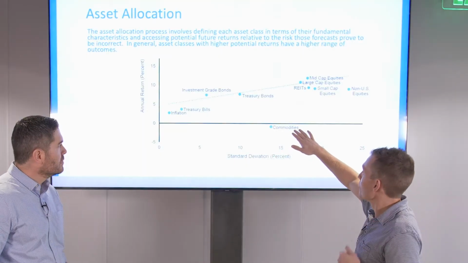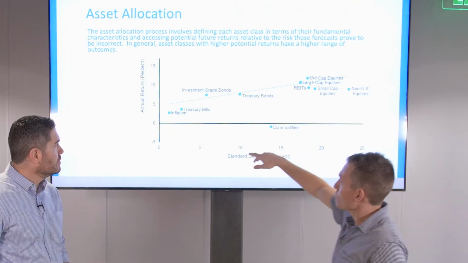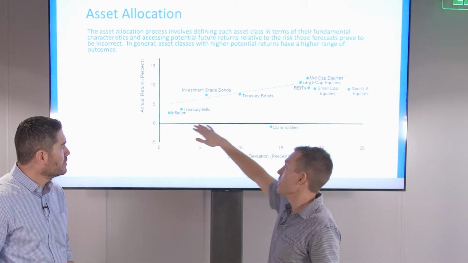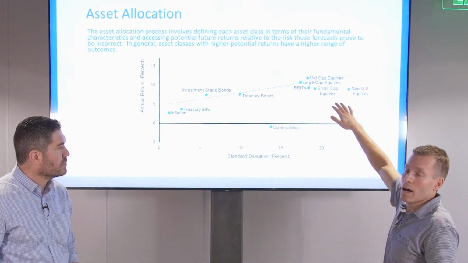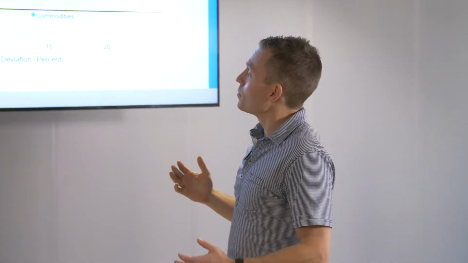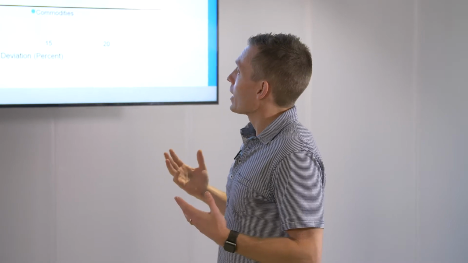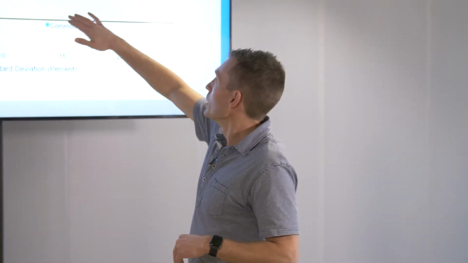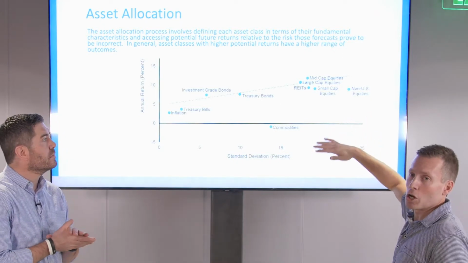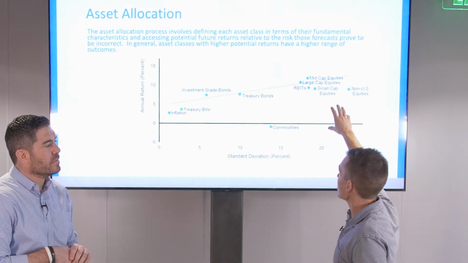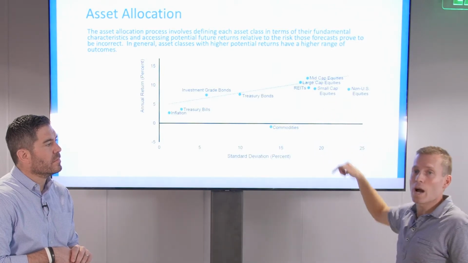Here, this graph generally depicts as we're taking a lower amount of risk, we would expect returns to be lower. And as we take more risk, we would expect returns to be higher. And we also need to be aware of the fact that these are projected returns and really the likely outcome over a longer period of time. And so as we move from lower risk to higher risk, the range of outcomes is wider.